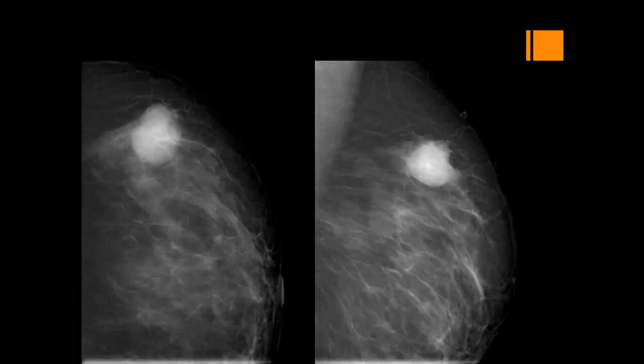Okay, but it's non-calcified. But what about the criteria? If we ignore palpable, if we said not palpable, why did you say it is BIRADS 3? Non-calcified, non-circumscribed. Non-circumscribed? On the mediolateral oblique, it is non-circumscribed. So if it is not circumscribed, why did you put it 3?